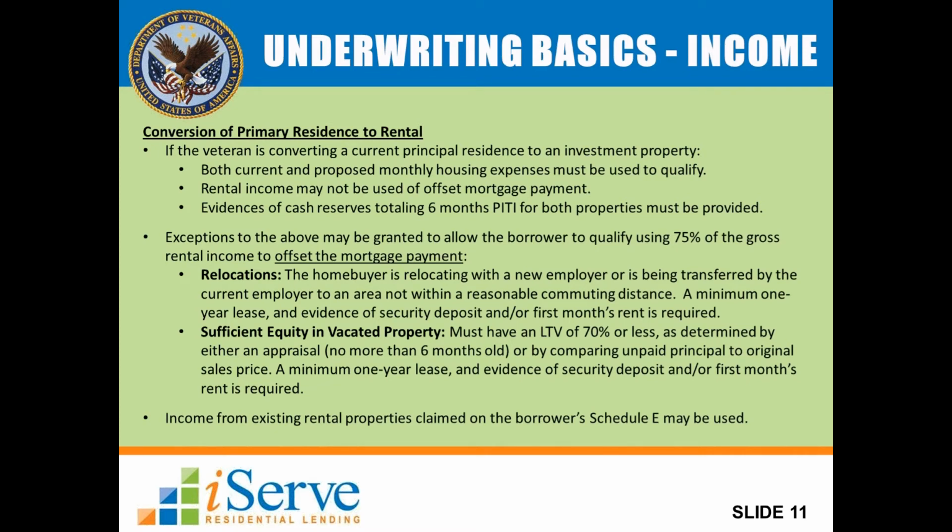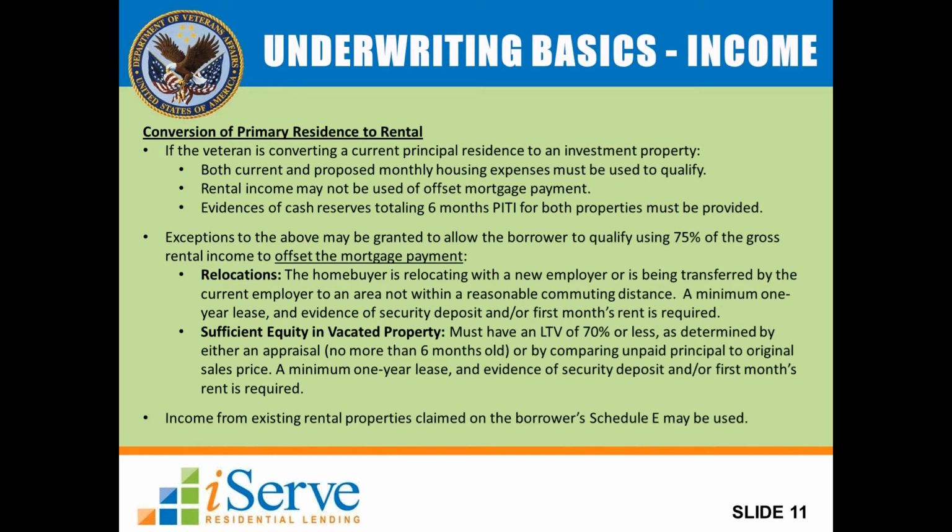It has to be a distance from their current primary where it's unreasonable for them to commute. So that can be whether they're with a new employer or they're being transferred from their current employer.